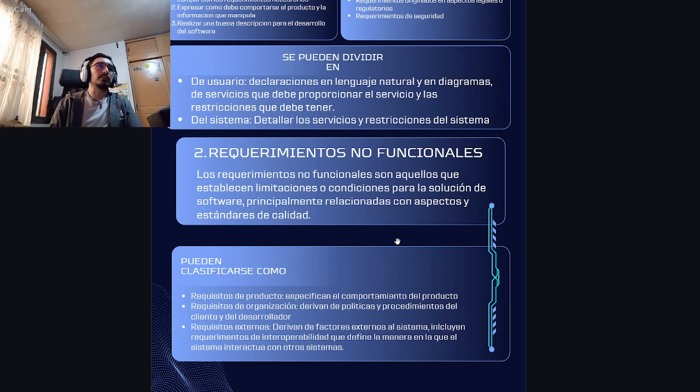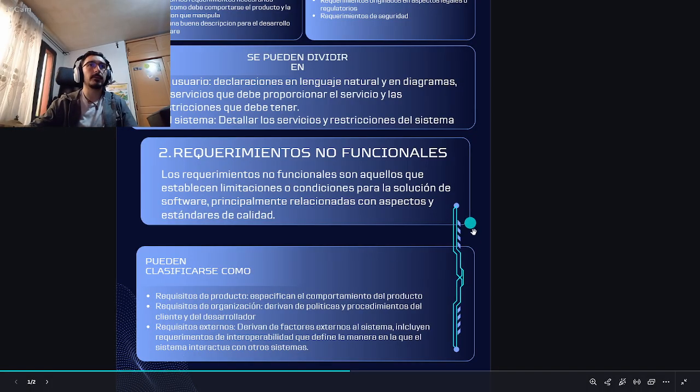Also, the requirements for the organization, which are policies and procedures that the client and the developer establish. And the external requirements, which come from external factors of the system, such as how the system is going to interact with other systems.